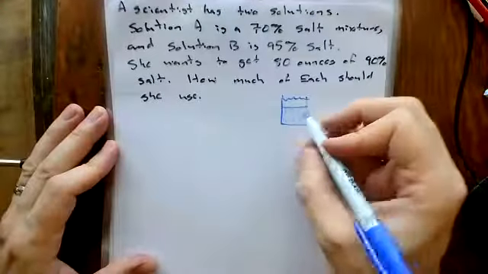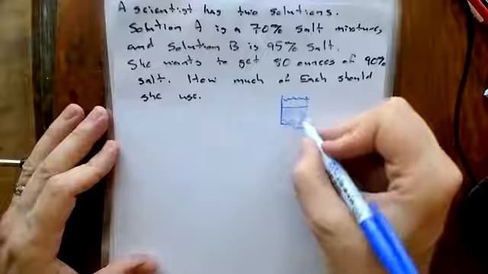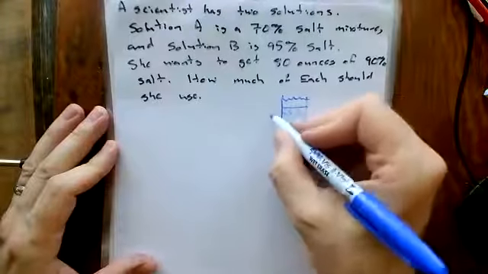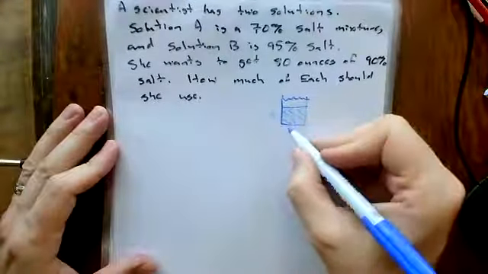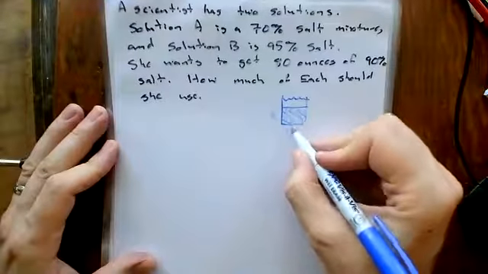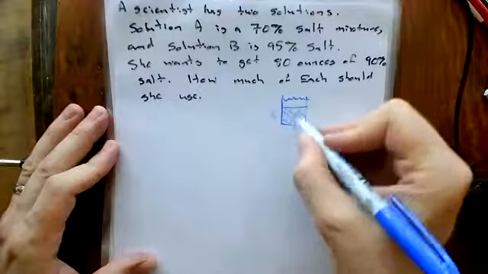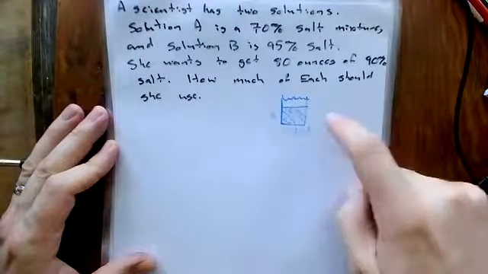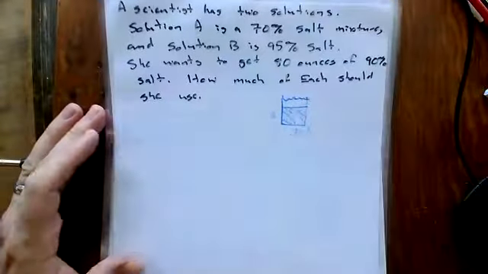This is literally 70%. So this is going to be 0.70 times however much is in that beaker. That's how much salt is contained in that one.